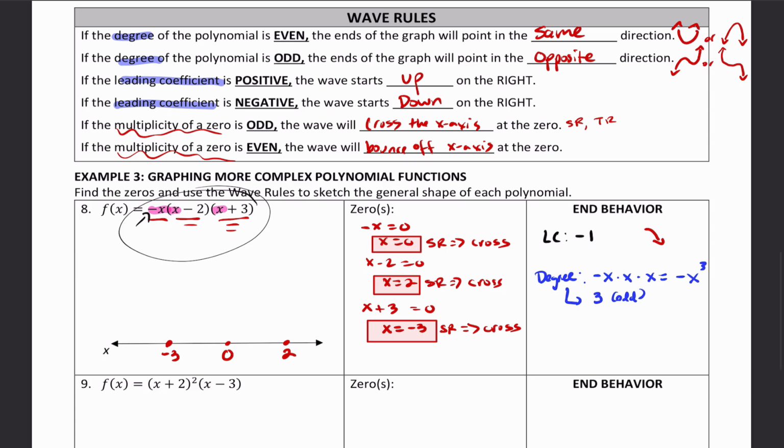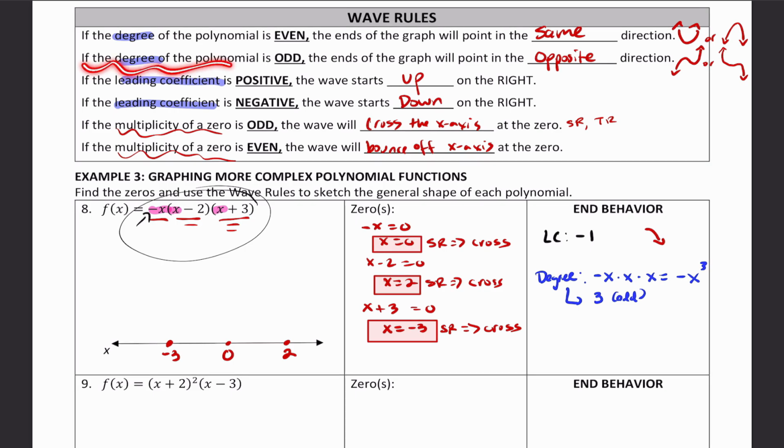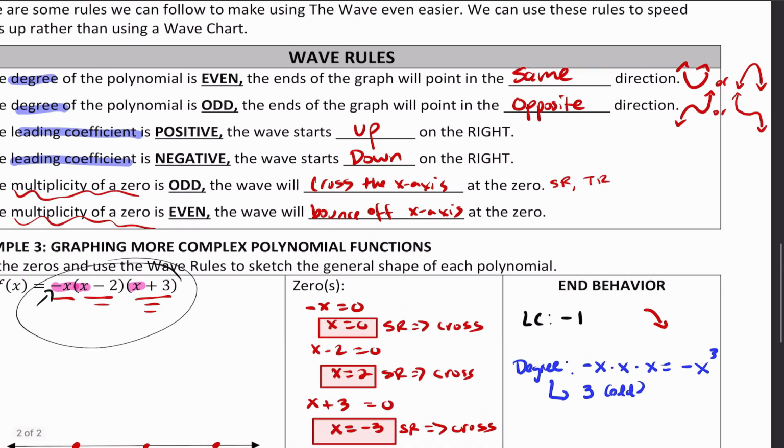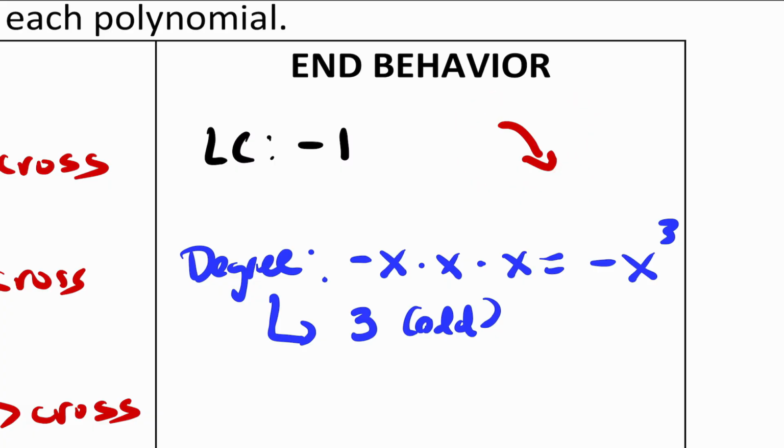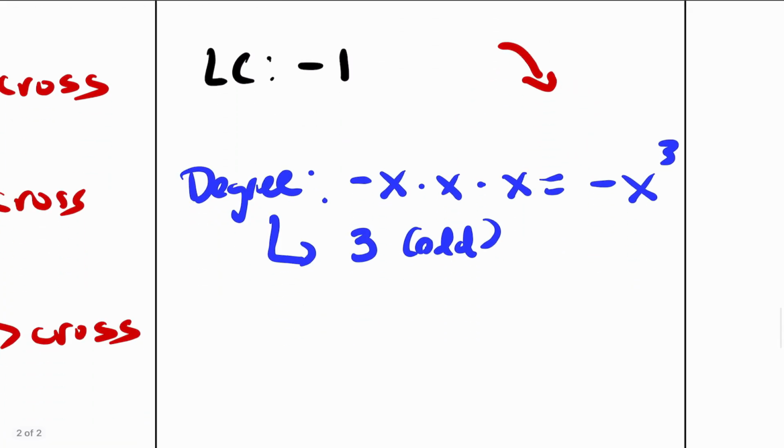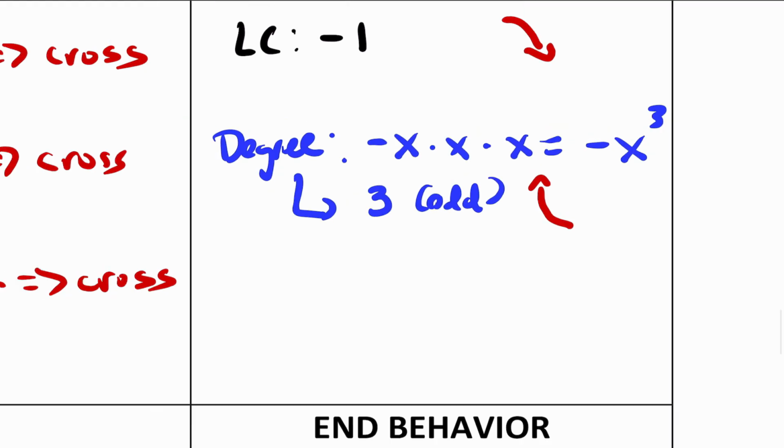If the degree of the polynomial is odd, then the ends will point in the opposite direction. Notice that we have down on the right, so in the opposite manner, that would be up on the top left. So your end behavior should look something like this.